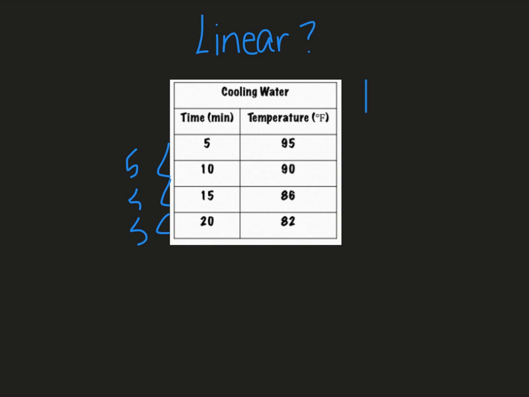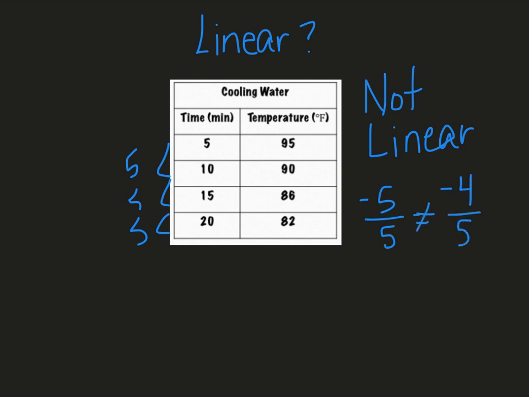So this is not linear. Okay, because I think that the constant rate of change was -5/5, and that didn't equal -4/5. So it could not be linear, and if it's not linear, guess what? It's not proportional.